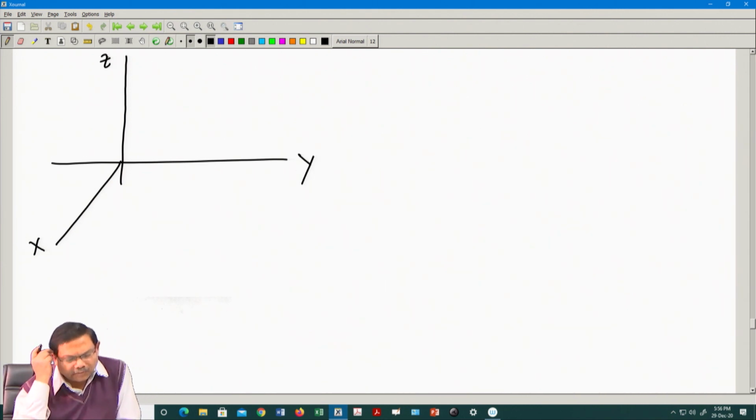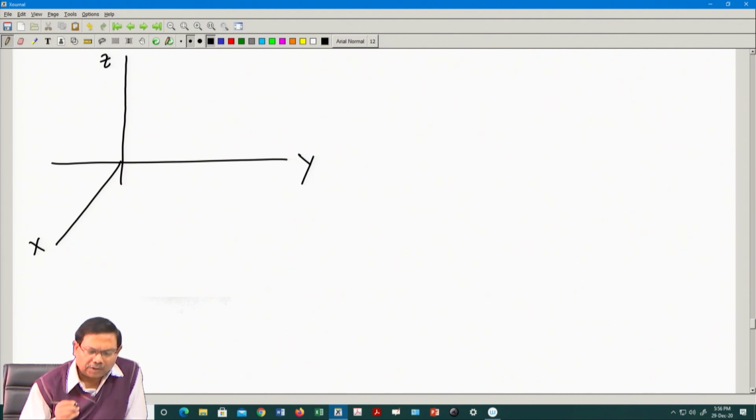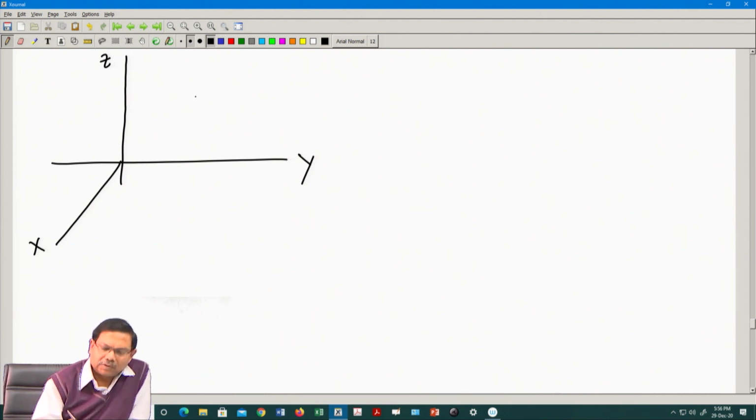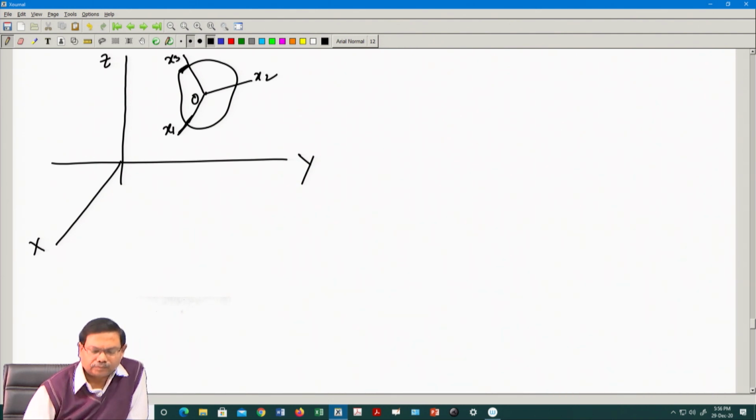So, this is an inertial frame of reference or a fixed frame of reference. So, there is a rigid body that is moving. So, its center of mass is also moving. So, let us say O is its center of mass. Also we have chosen an orthogonal coordinate system here. So, they are x 1, x 2, x 3. Okay.